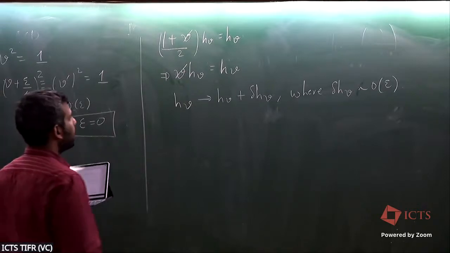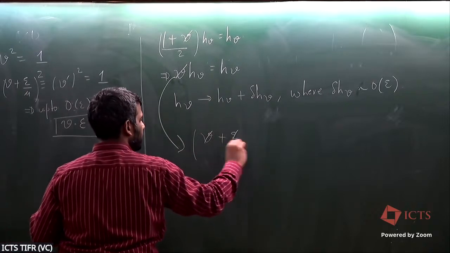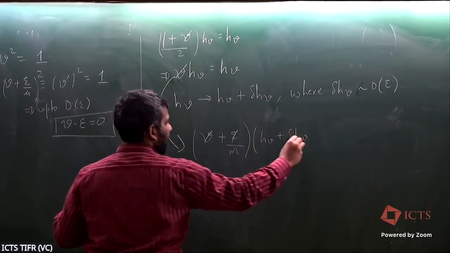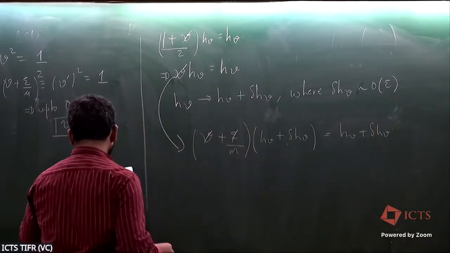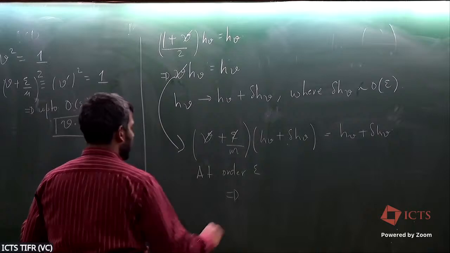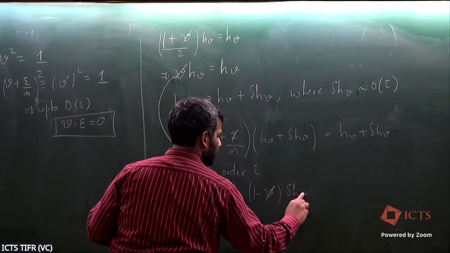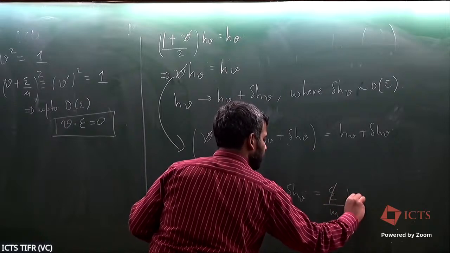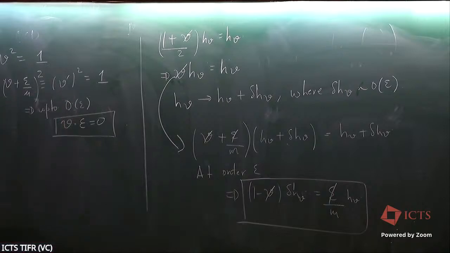So if you do that, use this equation: V slash plus epsilon slash by M, times HV plus delta HV, equals HV plus delta HV. At order epsilon, what we get is (1 minus V slash) delta HV, a constraint on delta HV, which is epsilon slash by M HV. Okay, everything fine up to this point.